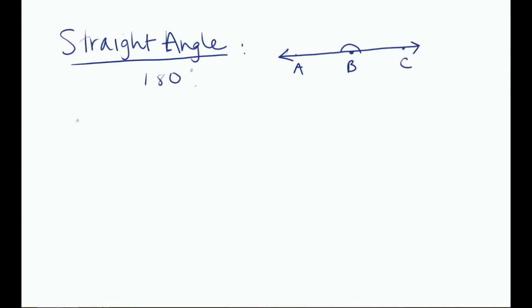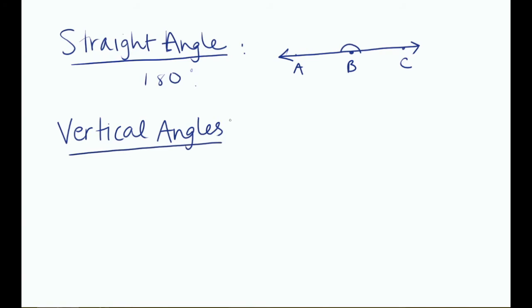We also might see vertical angles. Vertical angles are formed when I have two lines that intersect each other. So let's say I have this line coming through like that, this line coming through like that. The angles that are right across from each other, let's say this one and this one, these are vertical angles, and vertical angles are always congruent to each other.